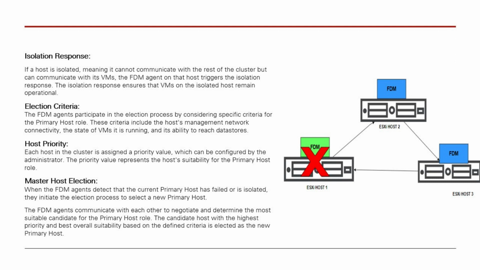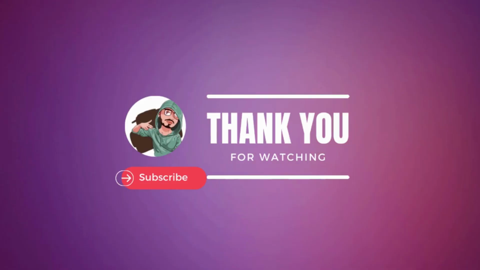The FDM agents communicate with each other to negotiate and determine the most suitable candidate for the primary host role. The candidate host with the highest priority and best overall suitability based on the defined criteria is elected as the new primary host.